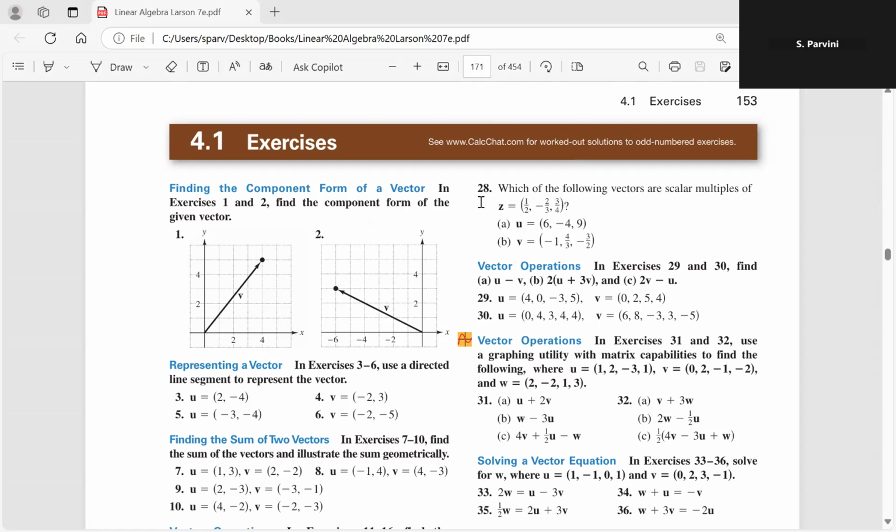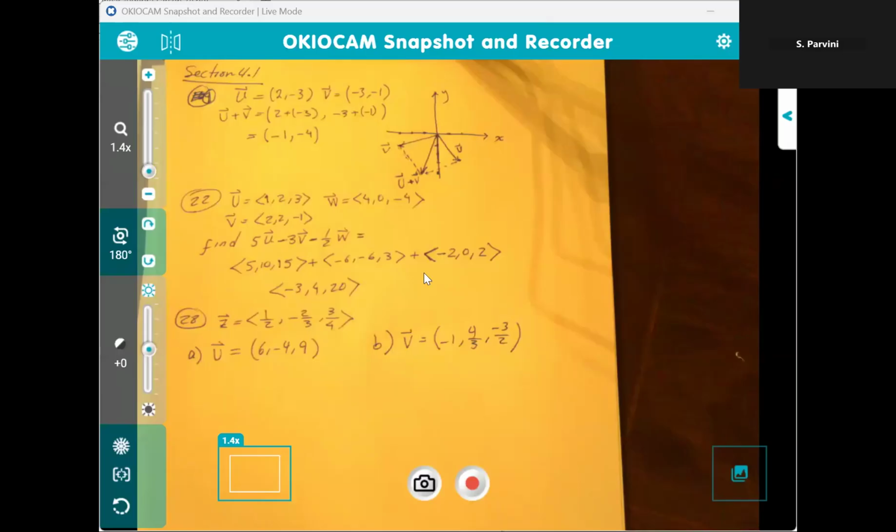So I'm just wondering, what is it that I'm supposed to be doing in here? If one is a scalar multiple of the other, then what can we say, in part A, about u and z? If u is a scalar multiple of z, anyone want to take a gander at this one?